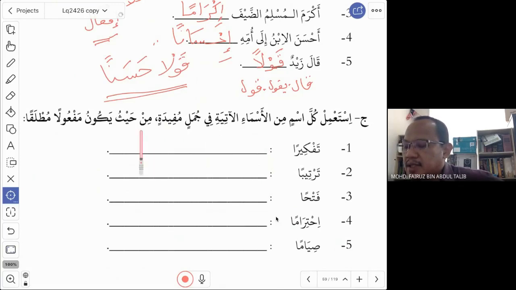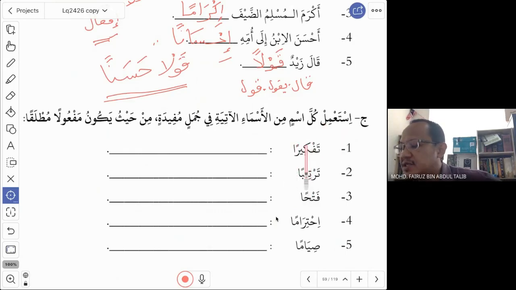But the condition is min haythu yakunu maf'ulan mutlaqan, meaning that this word should be maf'ul mutlaq. So when it is a maf'ul mutlaq, you need to find the fi'l.